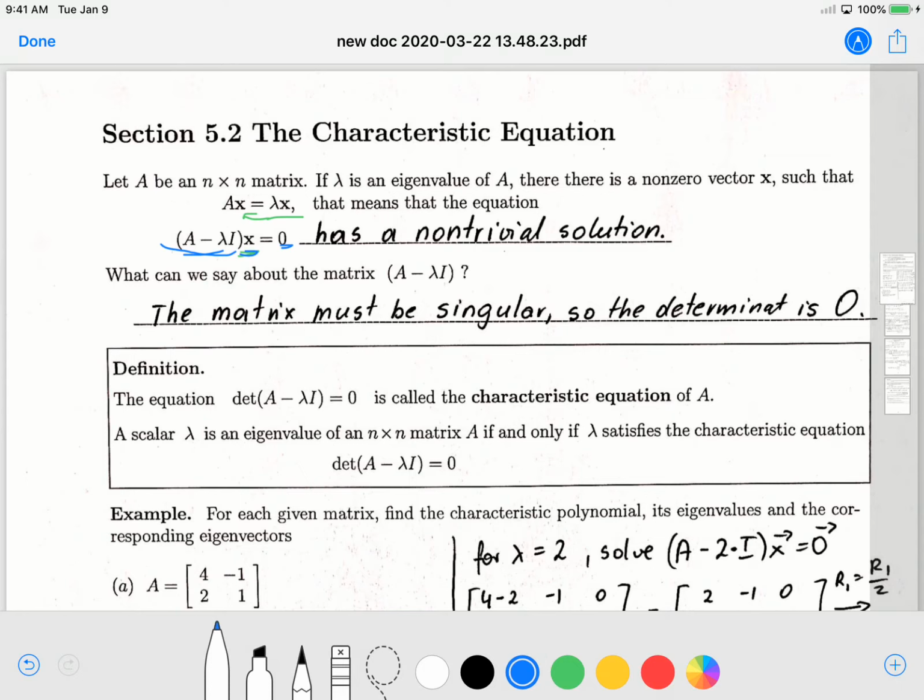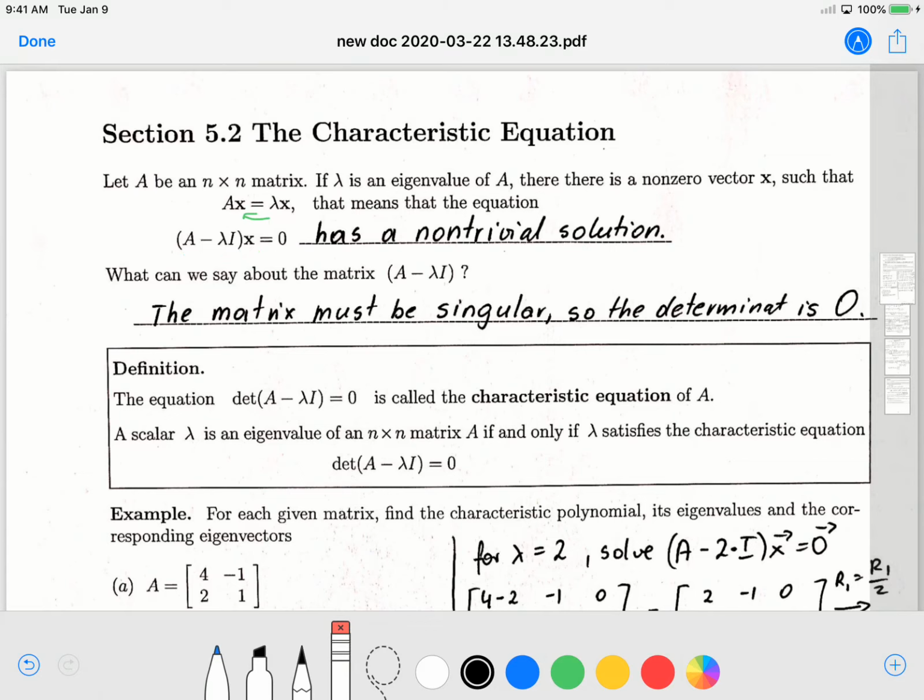For matrices it doesn't work that straightforwardly, but in other words the matrix must be singular and the determinant is 0. So that means the determinant must be 0.